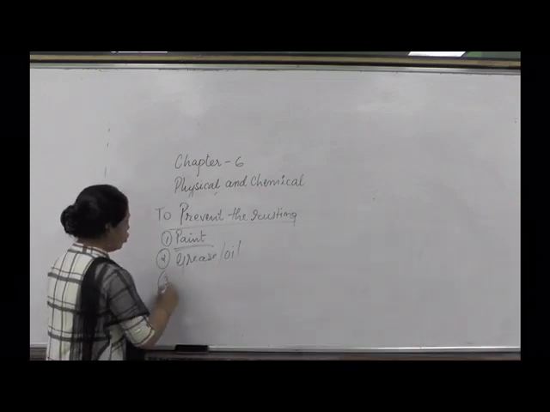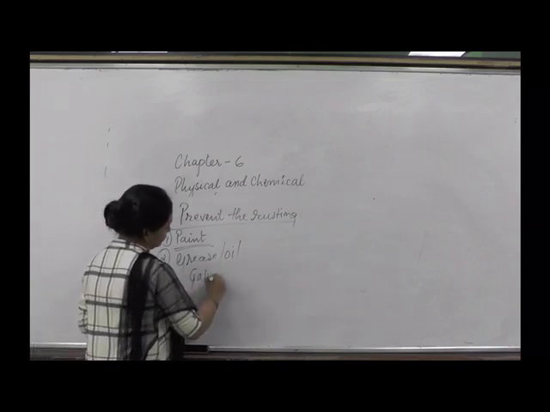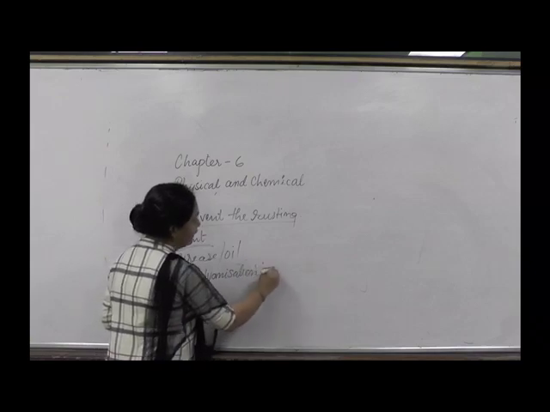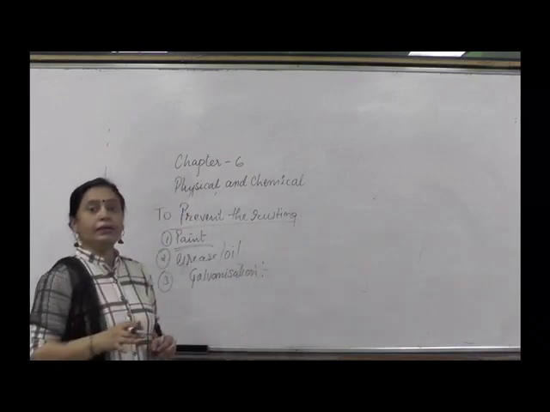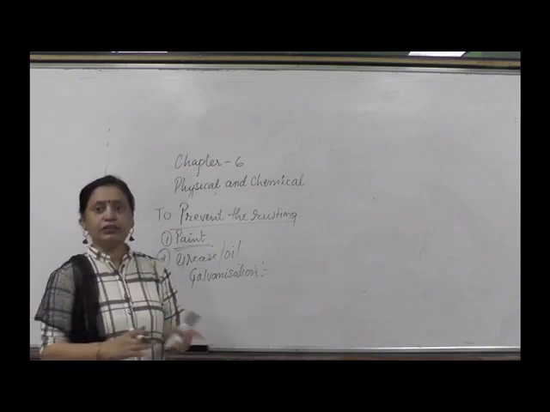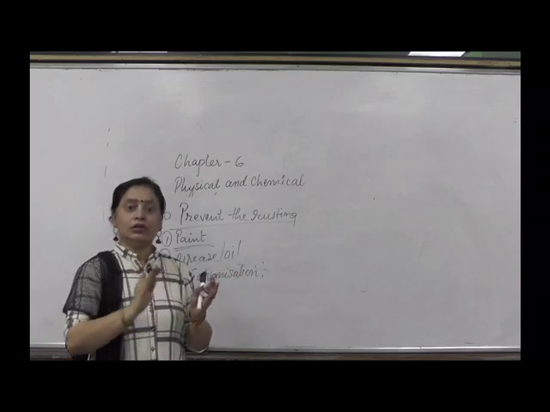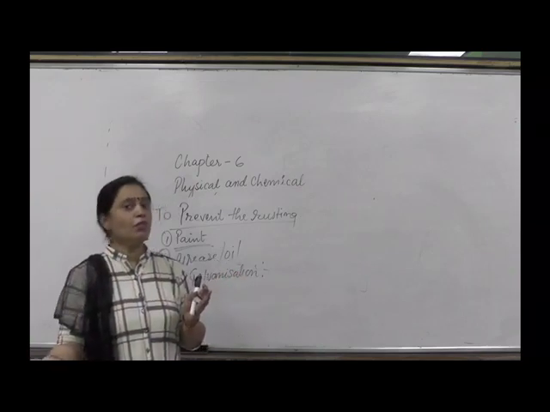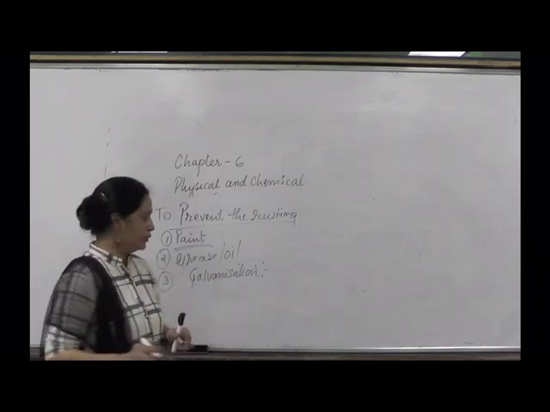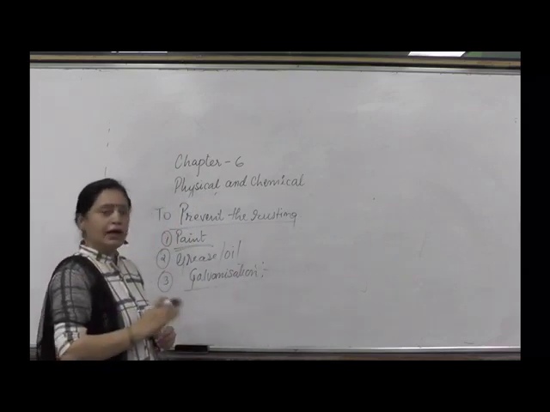One more option is there, that is galvanization. Galvanization means coating an iron object with molten zinc, as zinc does not get rusted in air. So we can coat iron with molten zinc to prevent it from rusting. That process is called galvanization.